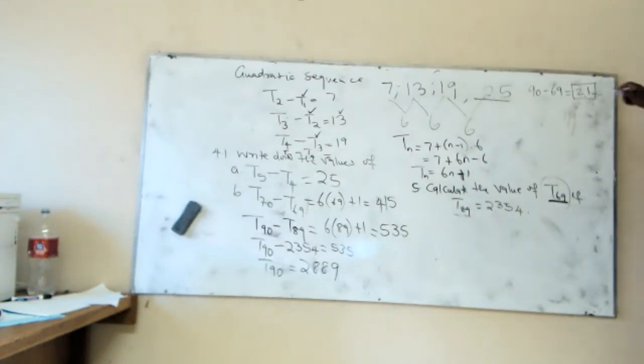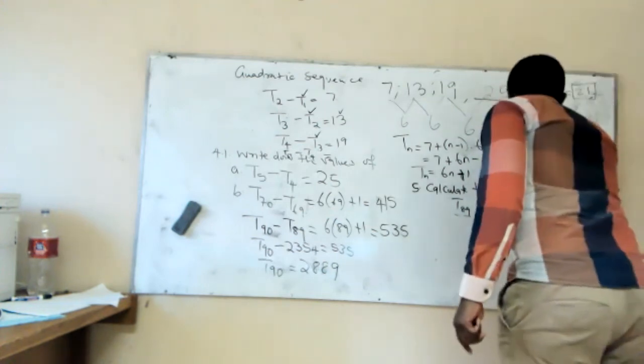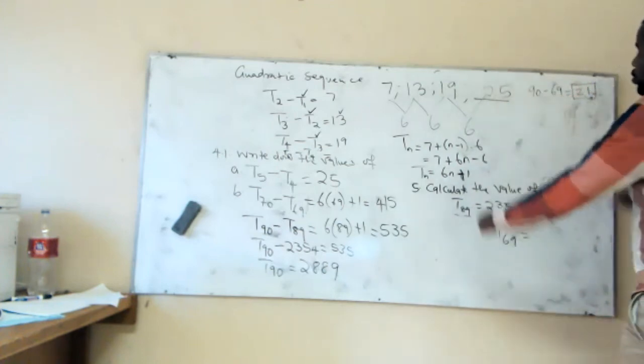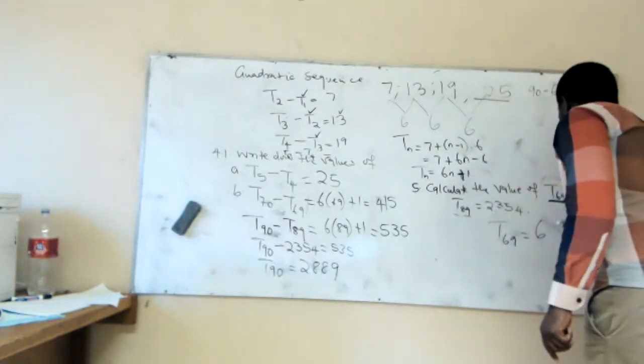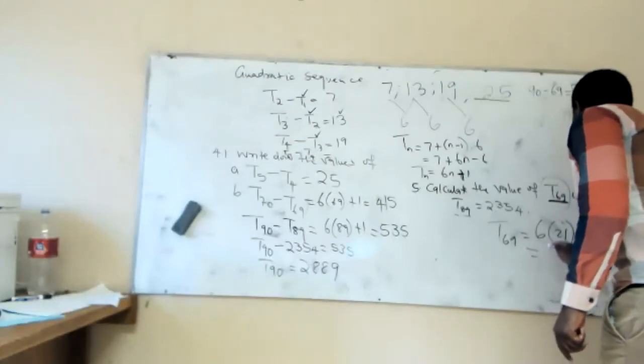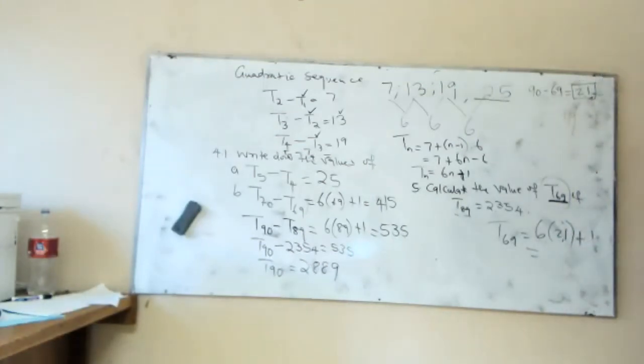So in order for us to get T69, we must have 21 terms. You just have to substitute the 21, the one you got here, into the n. So it's going to be 6 times 21 plus 1.